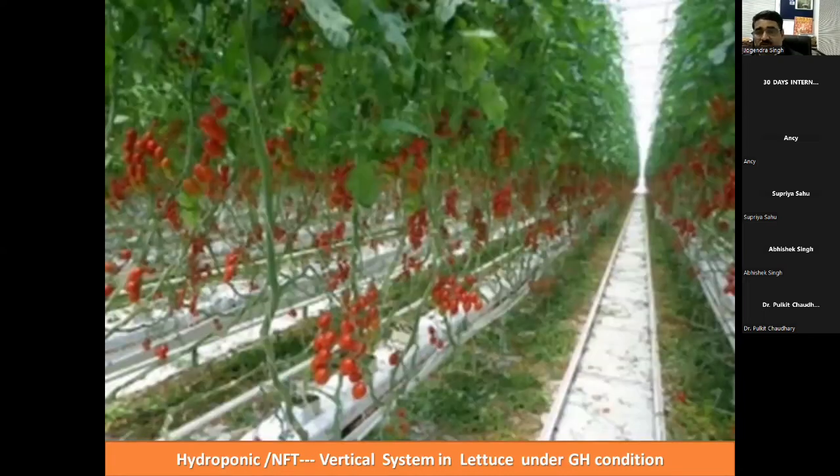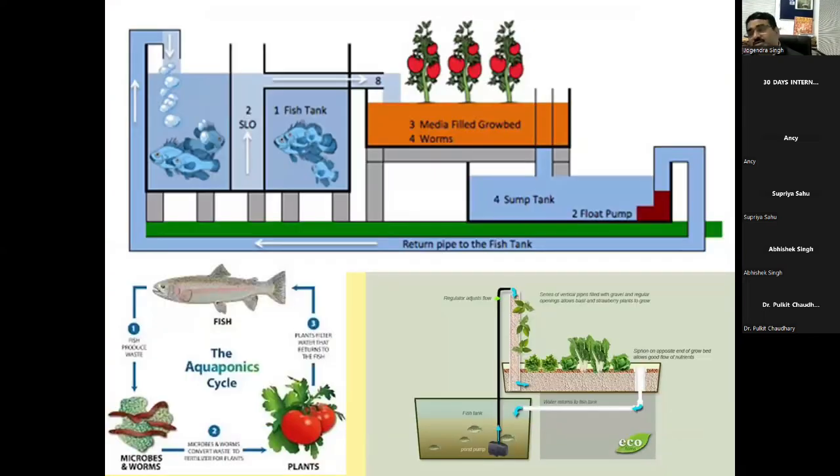So this is soilless cultivation and aquaponics. With aquaponics, we can grow vegetables under polyhouse conditions along with fish cultivation, using the fish pond water for irrigation. So these are aquaponic systems.